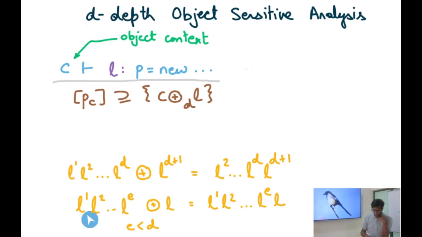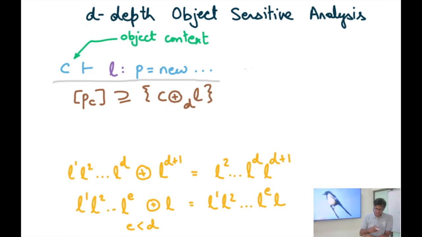And if my concatenation was with a smaller string, so L1 ... LE where E is less than D, then I'm going to keep all of them. So it's easy to see that if I put D equals 1, I get exactly what I had in my previous rules. But if I use D equals 2 or 3, then I can actually tolerate bigger strings, and everything else remains the same.